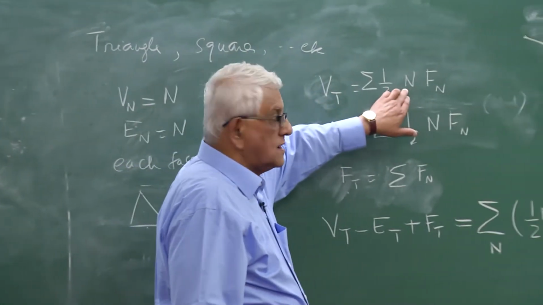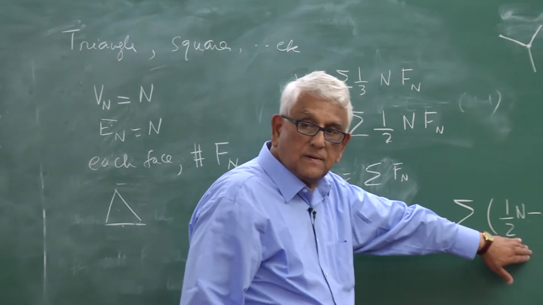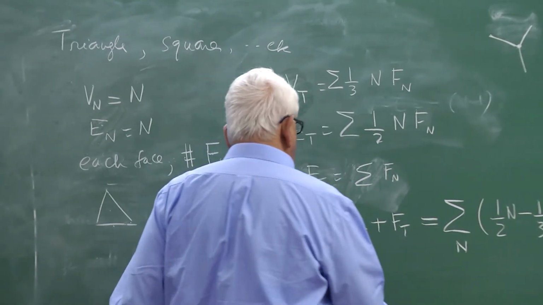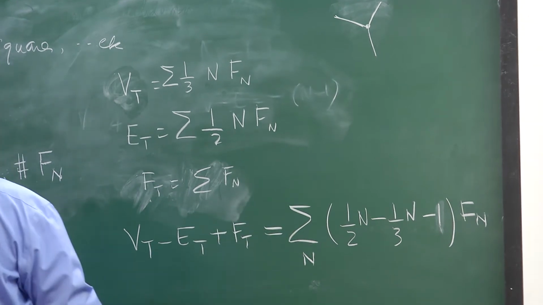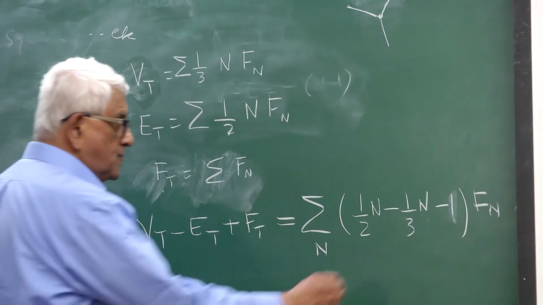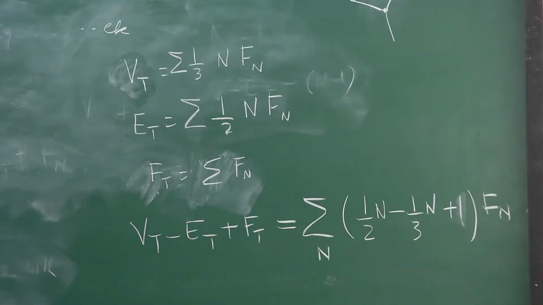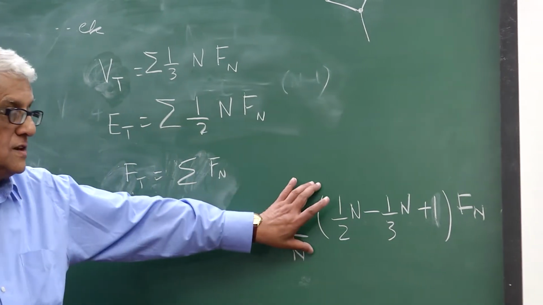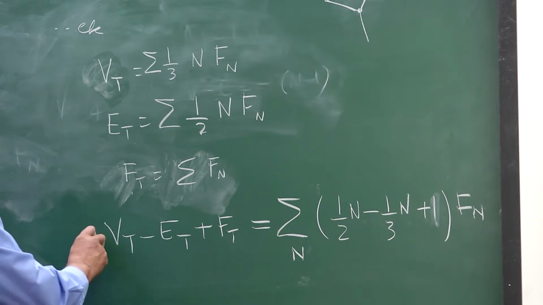For each face there are these and the total number, this is the thing, right. So what we have is this expression gives you, yeah, it's plus 1. Yeah. So this is the formula which we have.